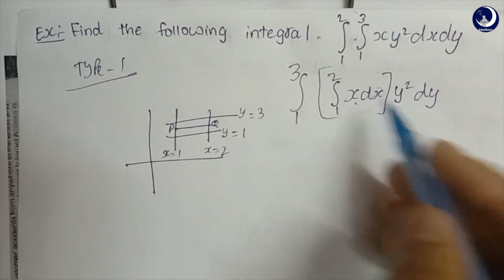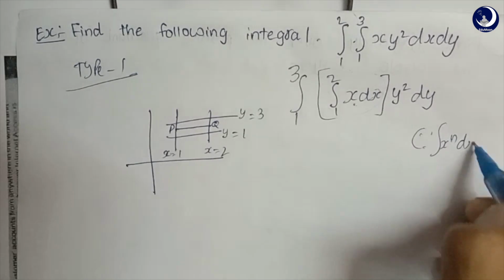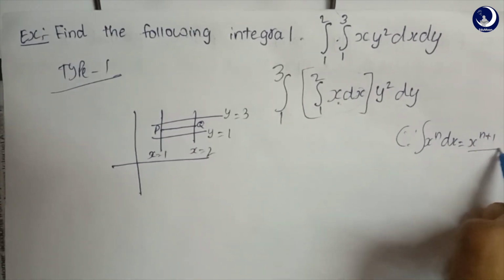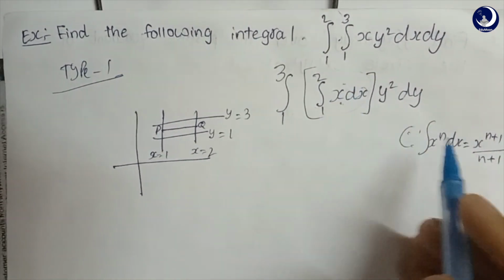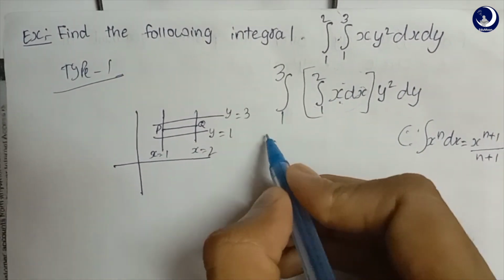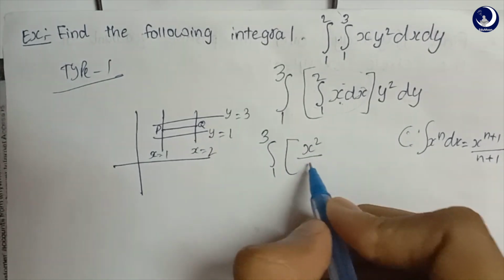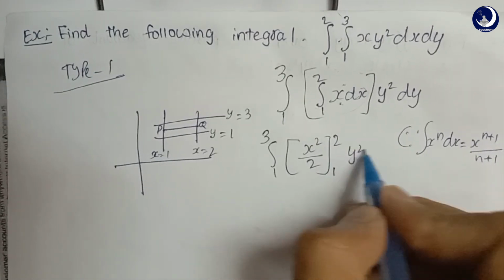So in this we know the integral of x power n dx equals x power n plus 1 by n plus 1. Here x power 1, so we get integral 1 to 3, x square by 2, integral 1 to 2.